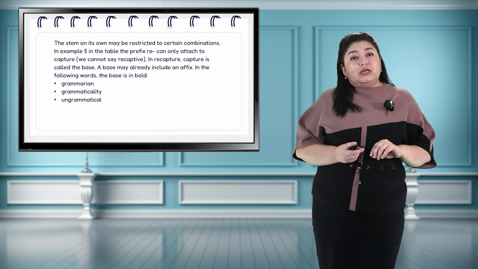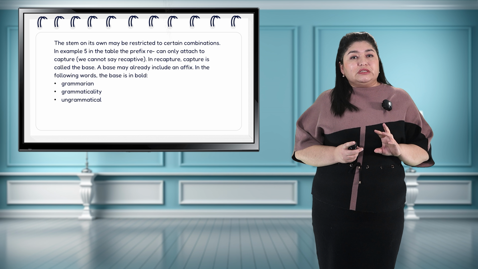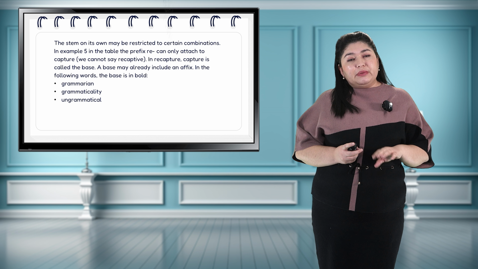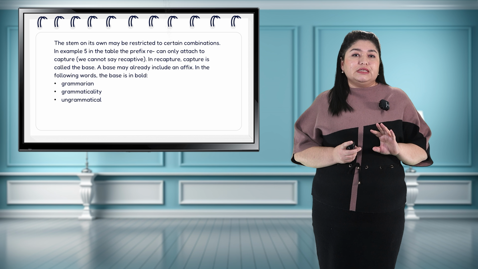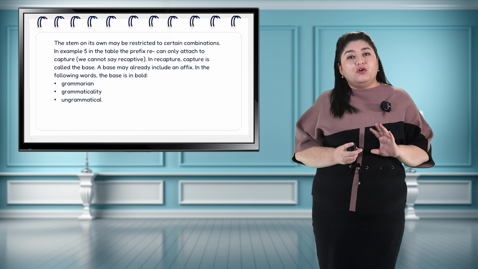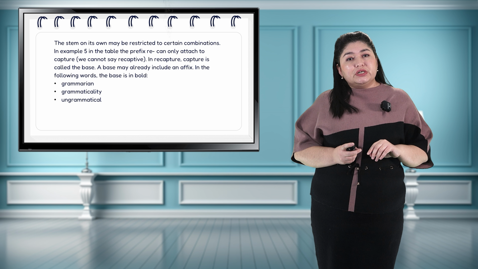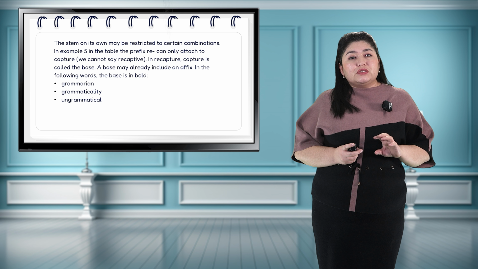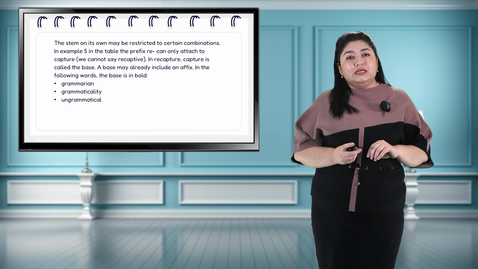The stem on its own may be restricted to certain combinations. In example 5 in the table, the prefix re can only attach to capture. For example, we cannot say recaptive. Capture is called the base. A base may already include an affix. In the following words, the base is in bold.